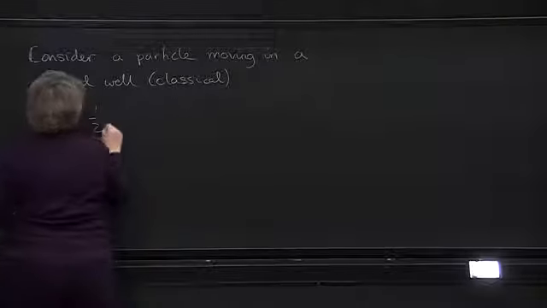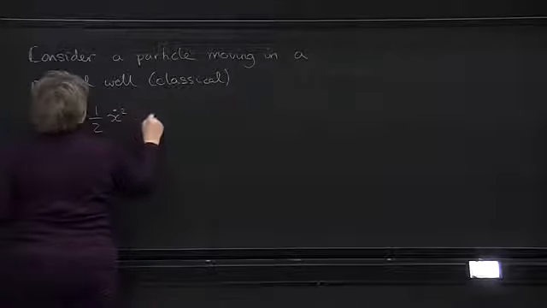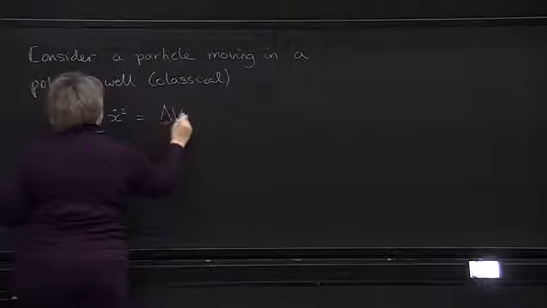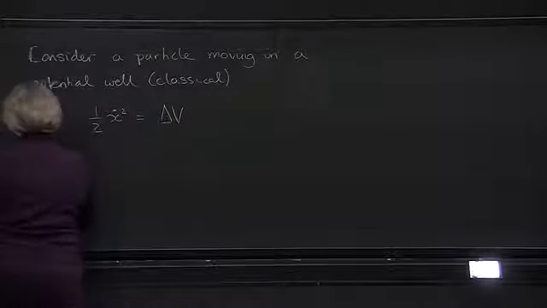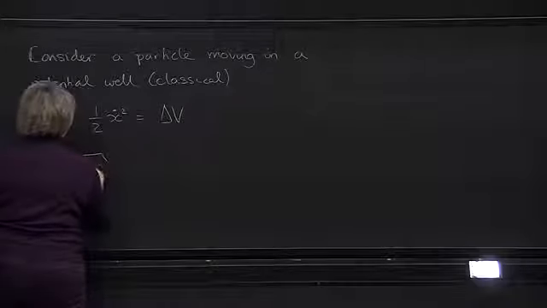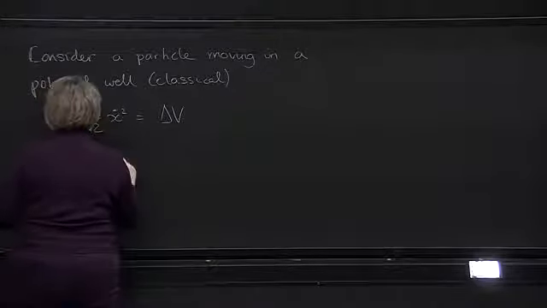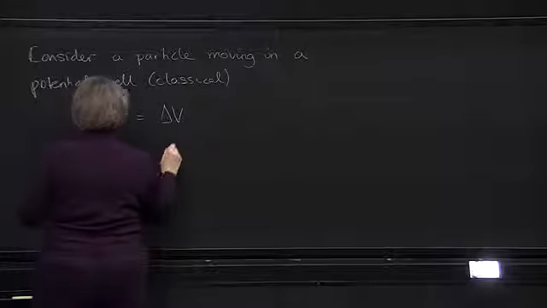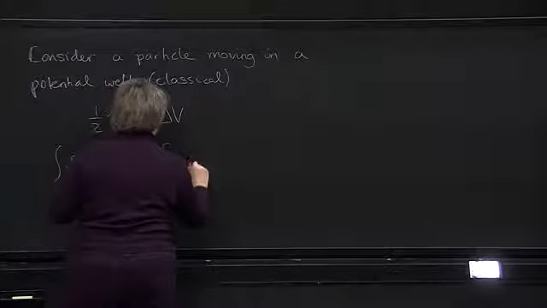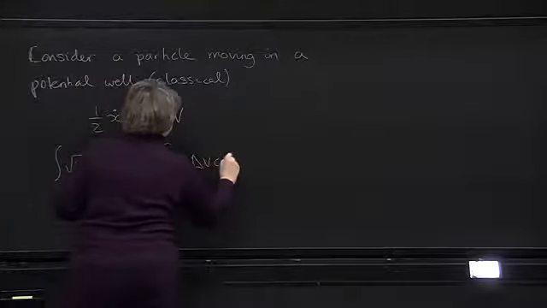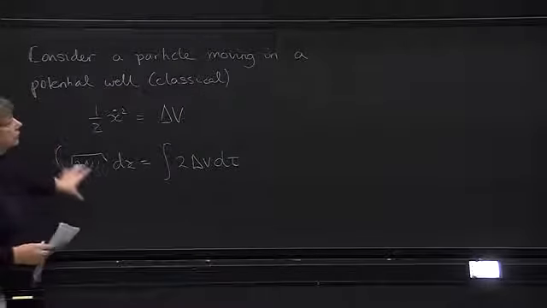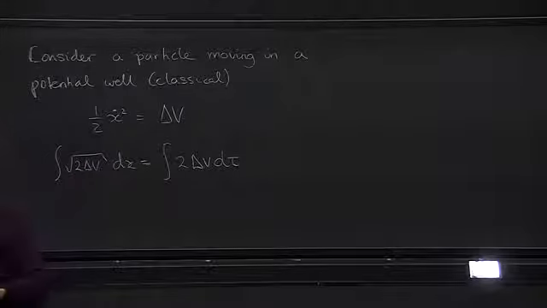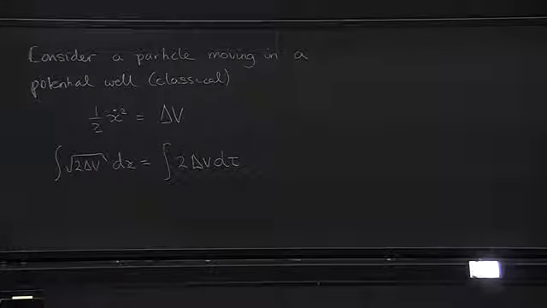So here, a half x dot squared is some delta V. So if I think, well, what would be the integral of 2 delta V with respect to position?